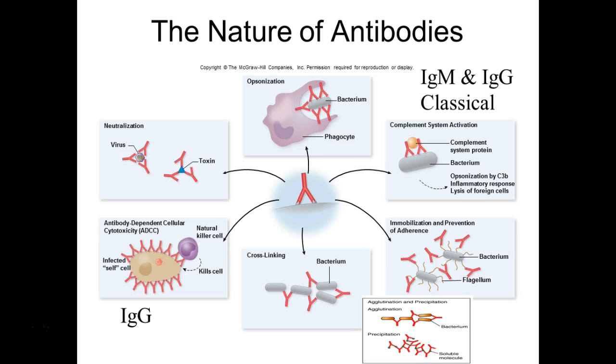It's not a Big Mac. It's a MAC complex. What does that stand for? Membrane, right? That part is important, because it only inserts into membranes, not cell walls. Membranes. Membrane attack complex.